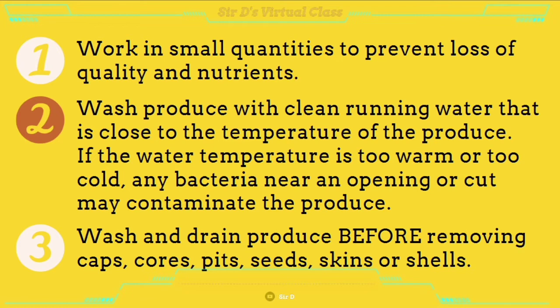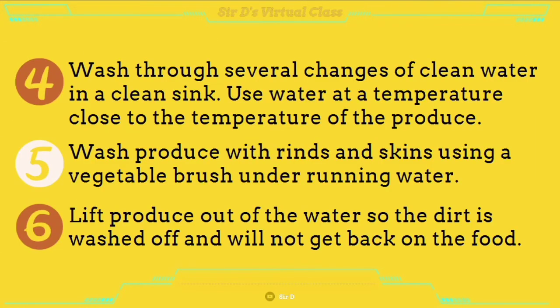Number 3, wash and drain produce before removing caps, cores, pits, seeds, skins, or shells. Number 4, wash through several changes of clean water in a sink. Use water at a temperature close to the temperature of the produce.